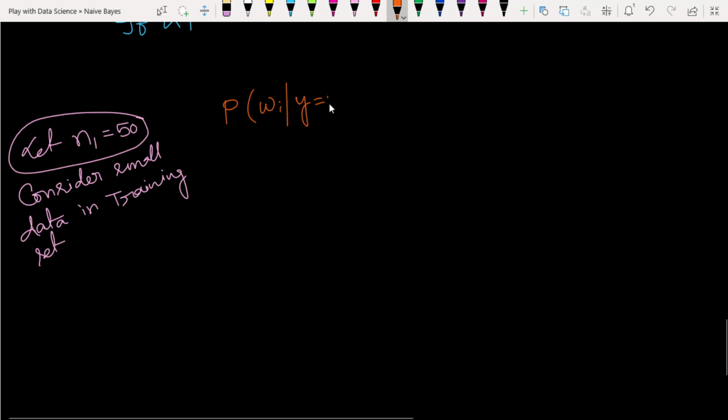Y equal to 1. Let's take our value alpha over 50 for all.